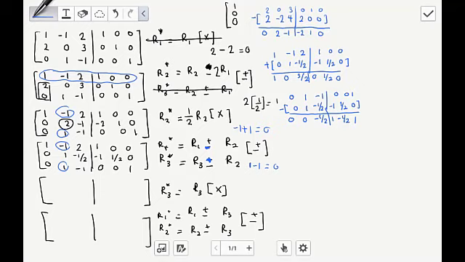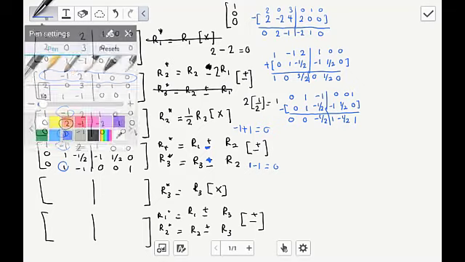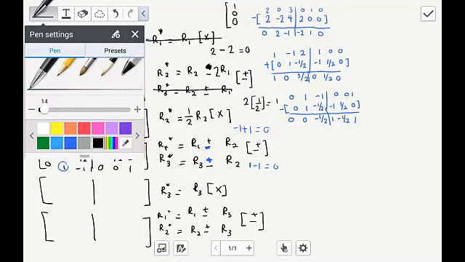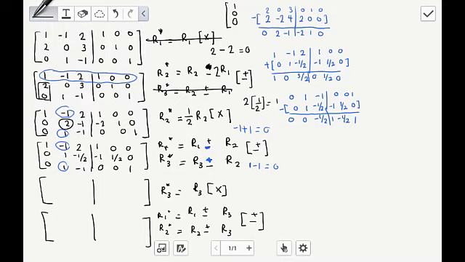I'm going to copy my new row 1 and row 3. Remember, there's no changes in row 2. Let's copy our new row 1, which is 1, 0, 3 over 2, followed by 0, 1 over 2, 0.